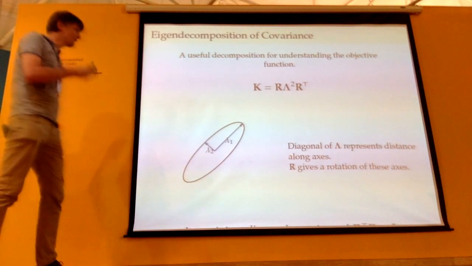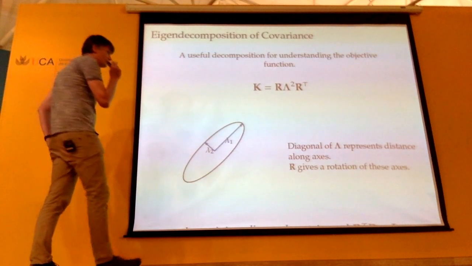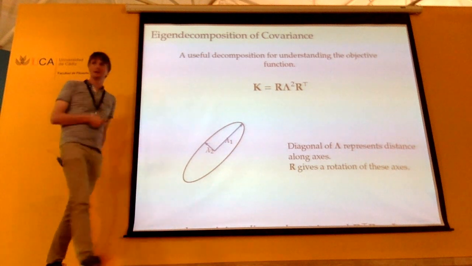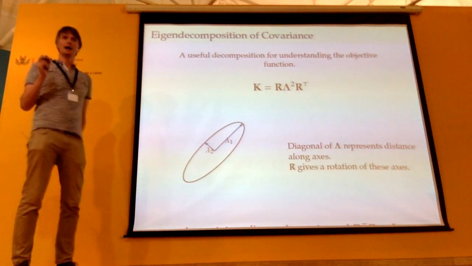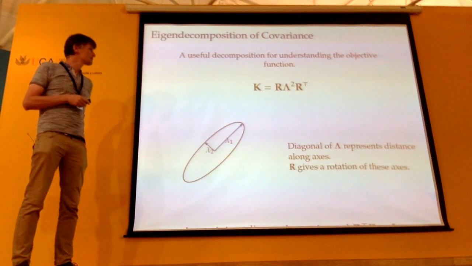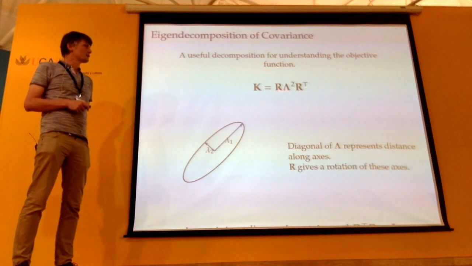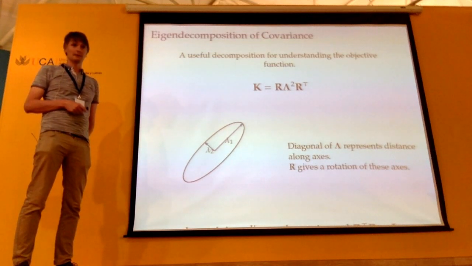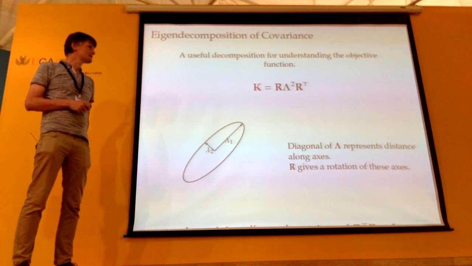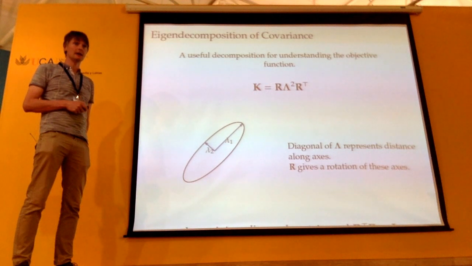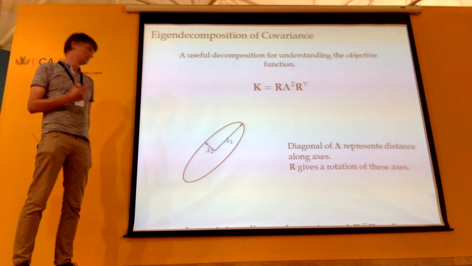So before we go into those two terms, I want to give you some intuitions about how I'd like you to think of these covariance matrices. Or one way of thinking of covariance matrices. So a very useful decomposition for understanding the objective function is to think of the eigenvalue decomposition of the covariance matrix. So since this is a symmetric matrix, its eigenvectors are orthonormal.